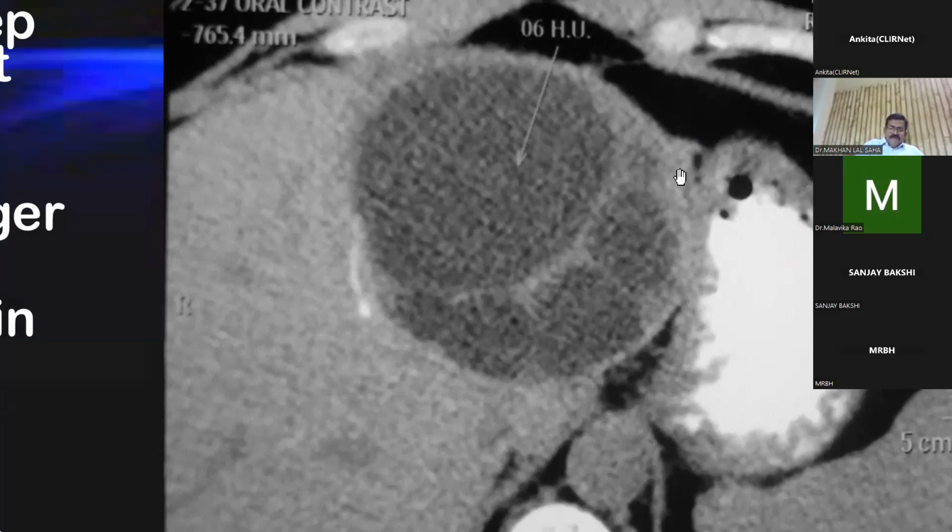Start from the periphery. First, the location. It's located in the left lobe of the liver and pressing on the stomach, which might explain the patient's early satiety. Yes, that's number one. Then you start describing the lesion.